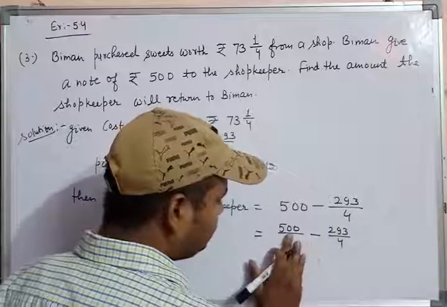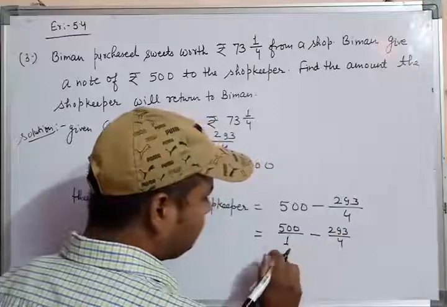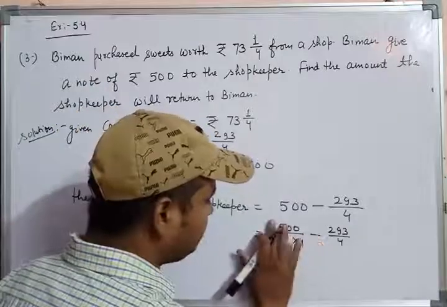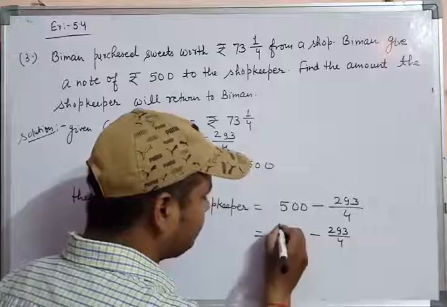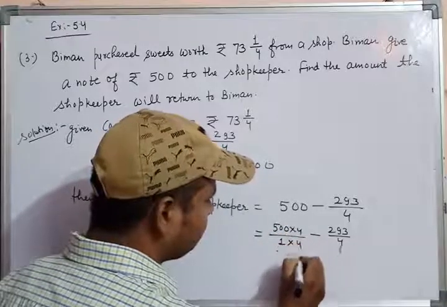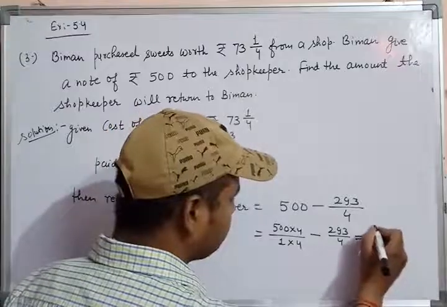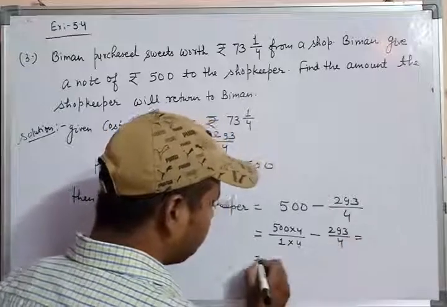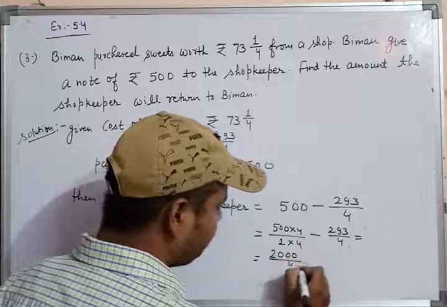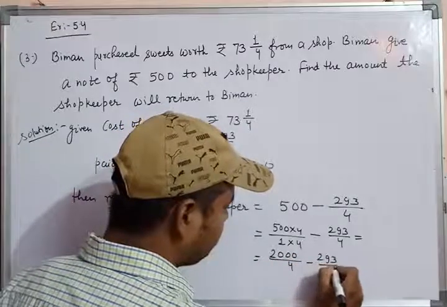If you want to make the denominator 4, first of all you have to multiply both numerator and denominator by 4 like this. So we can write 4 5s are 2000 upon 4 minus 293 upon 4.